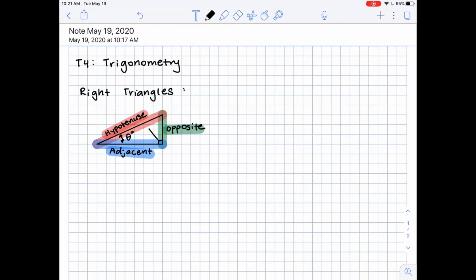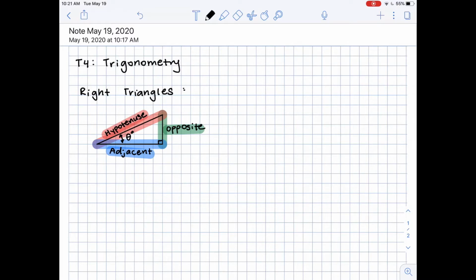So the hypotenuse is across from the 90-degree angle. It's the longest side. The opposite side is opposite of your angle. And the adjacent side goes next to your angle.